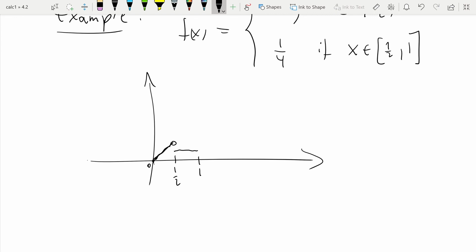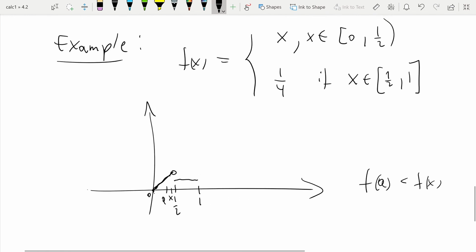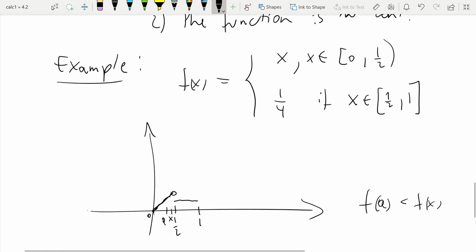So you pick any number here, say a. You can always find some x that is closer to 1/2, so this is x, say, such that f of x is greater than f of a.